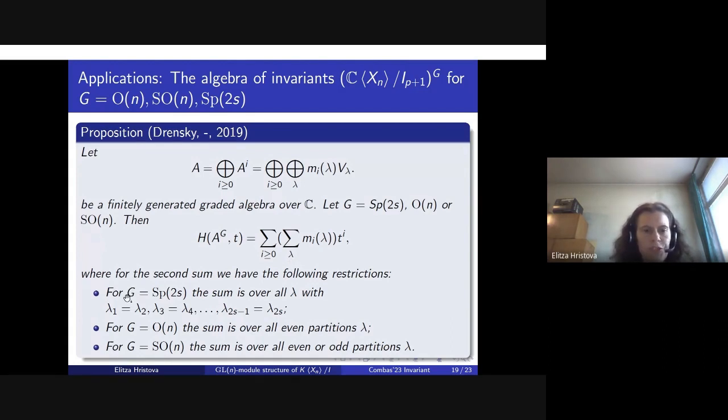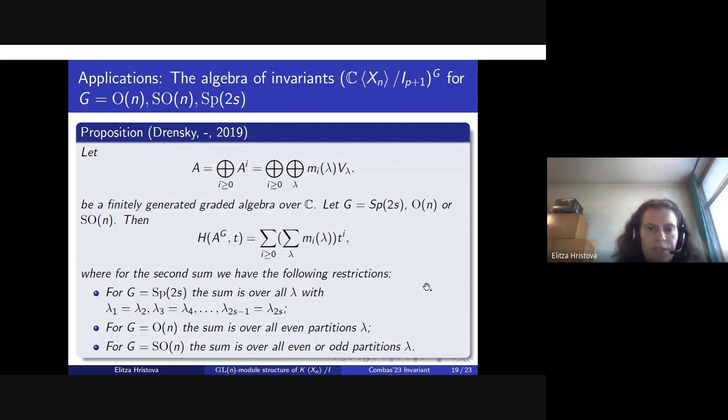When the group G is a symplectic group, the second sum runs over all partitions such that lambda 1 is equal to lambda 2, lambda 3 is equal to lambda 4, and so on. When the group is O_N, the orthogonal group, the sum is over all even partitions lambda. And when the group is SO_N, the sum is over all even or odd partitions lambda.